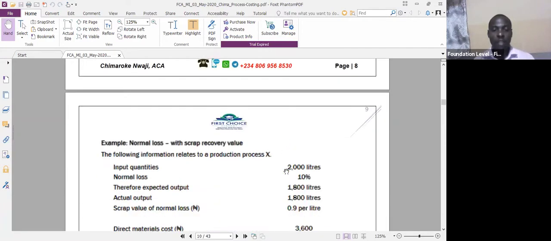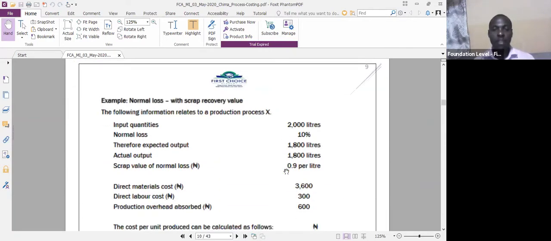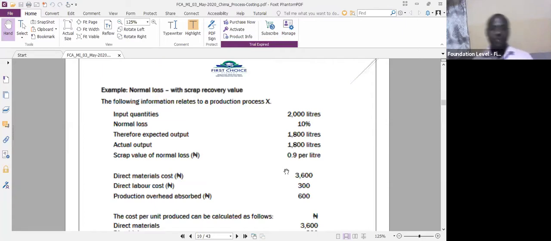All right, let's look at an example here. Normal loss with scrap value. Okay, input quantity is 2,000 units. Normal loss is 10%.